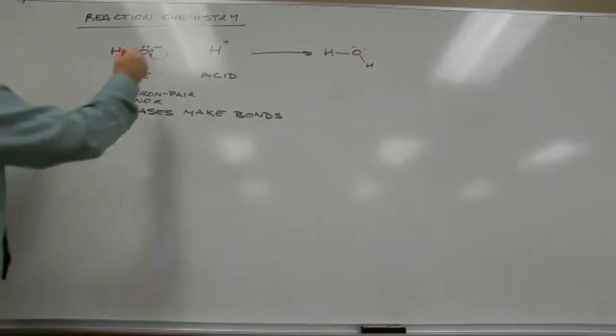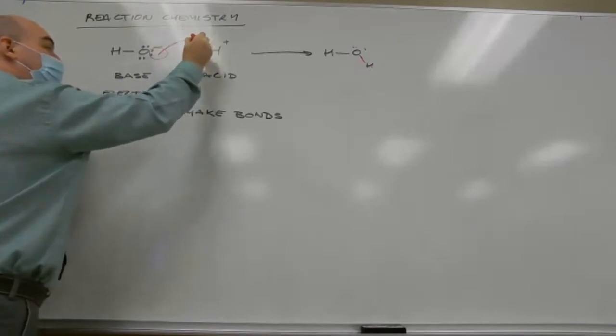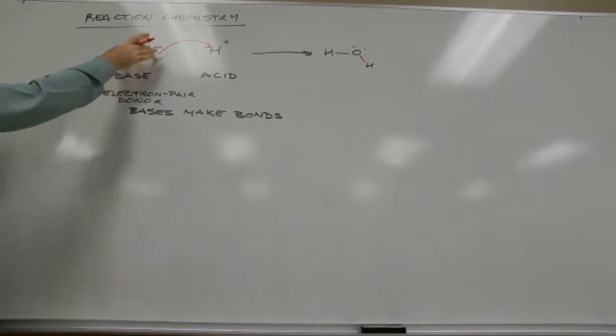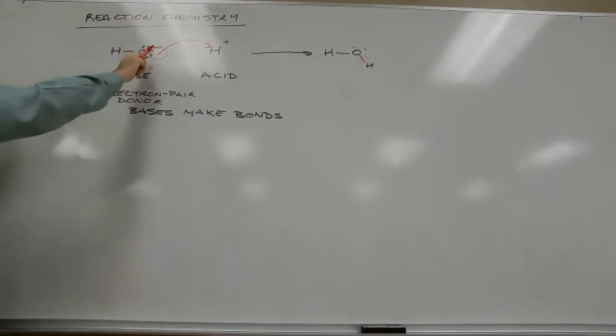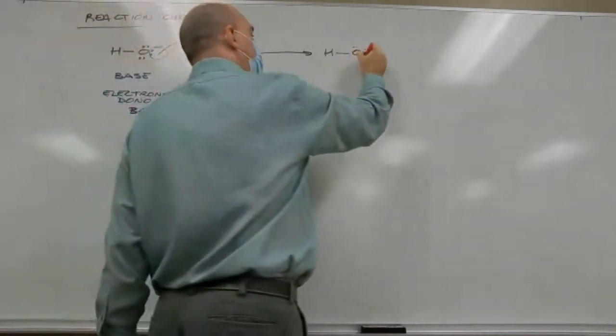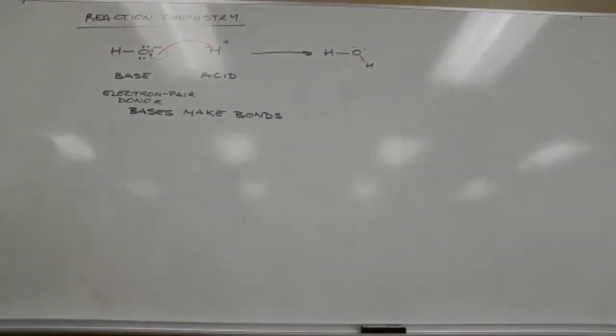And we demonstrate that with curved arrow notation. And we make a new bond. So hydroxide, negative charge, lone pairs of electrons, uses both electrons from that lone pair to make a coordinate covalent bond to the hydrogen.